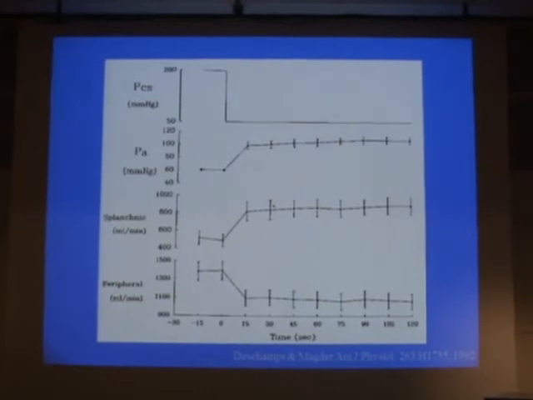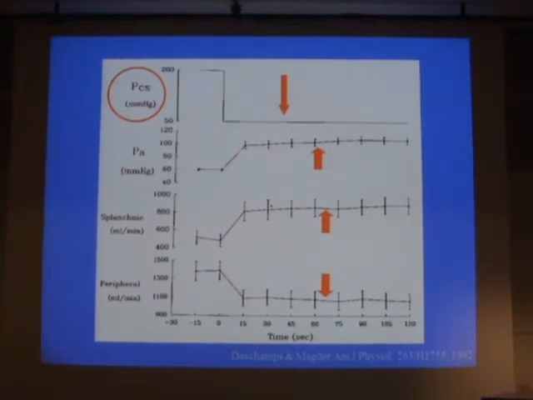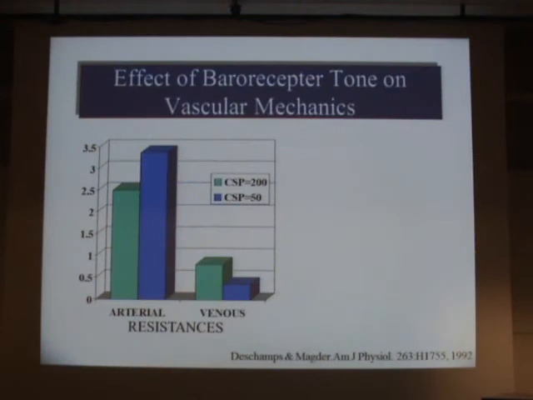So this is the baroreceptor dropping. So we drop the pressure. Here you can see the rise in arterial pressure that you would expect because you've increased resistance. But this unequal change in resistances meant more flow goes to the splanchnic bed than to the peripheral bed.